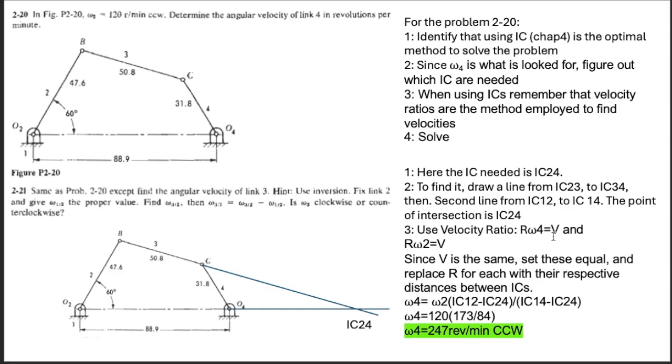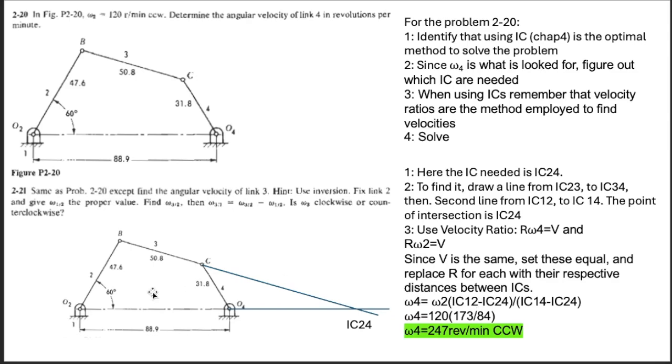And so the velocity ratio suggests that the velocity of the mechanism is all the same, but the angular velocities will be varying in this mechanism. Since the velocities are the same, we can set these 2 formulas for angular velocity and radius equal. And so what's the radius you're going to work with?